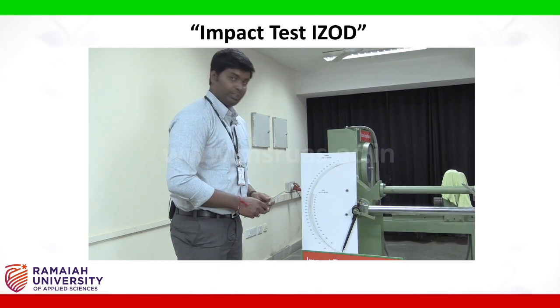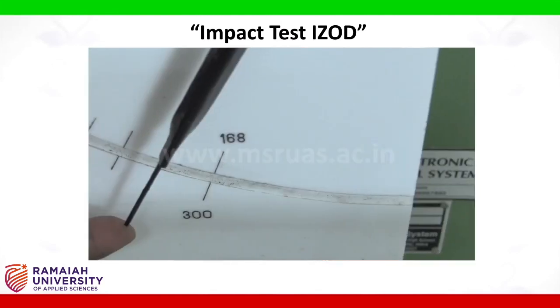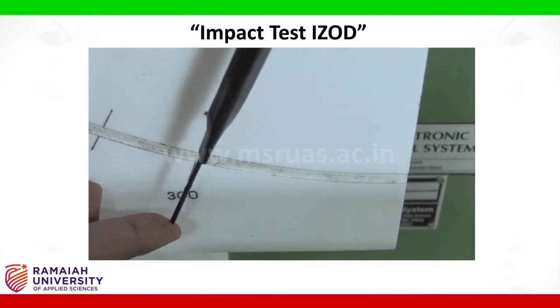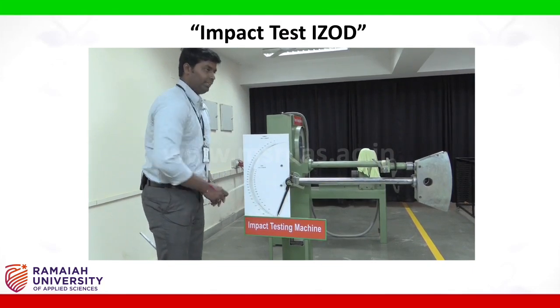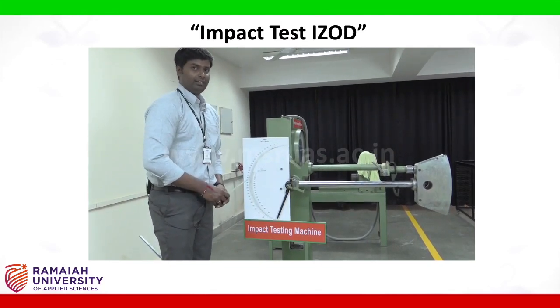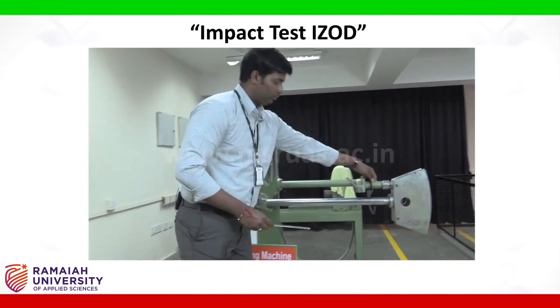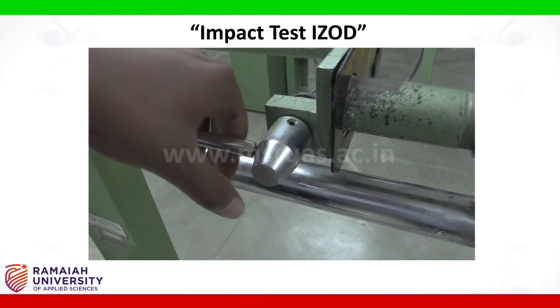After placing of the specimen, keep the pointer at 168 joules. After placing the pointer at 168 joules, enter the initial reading as 168 joules, then open the lock and release the hammer.